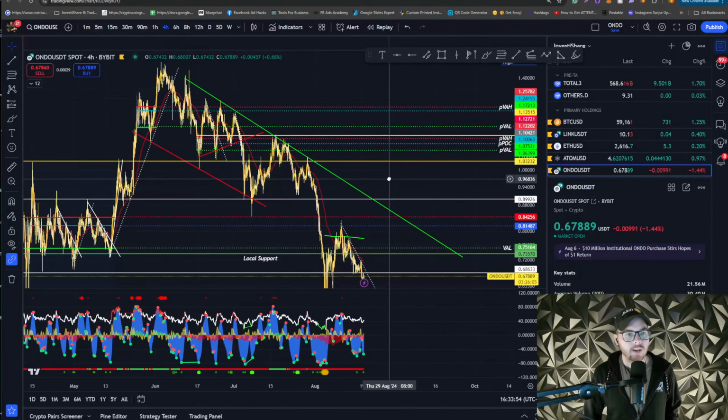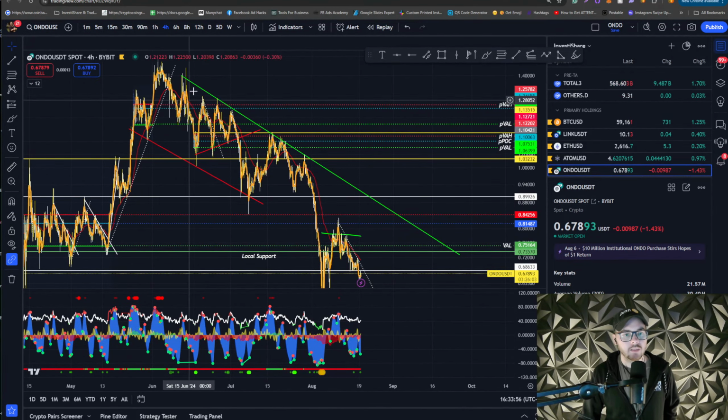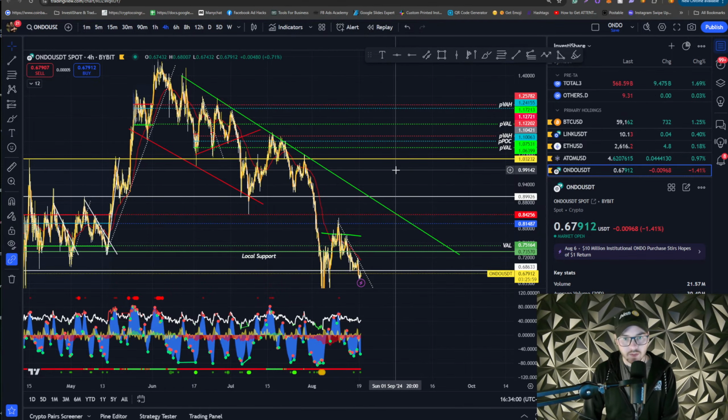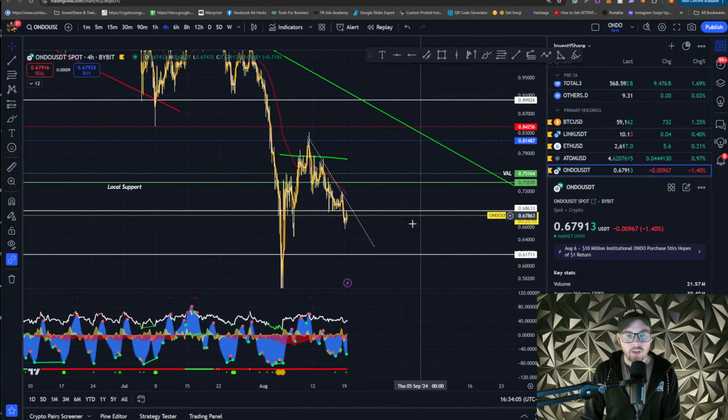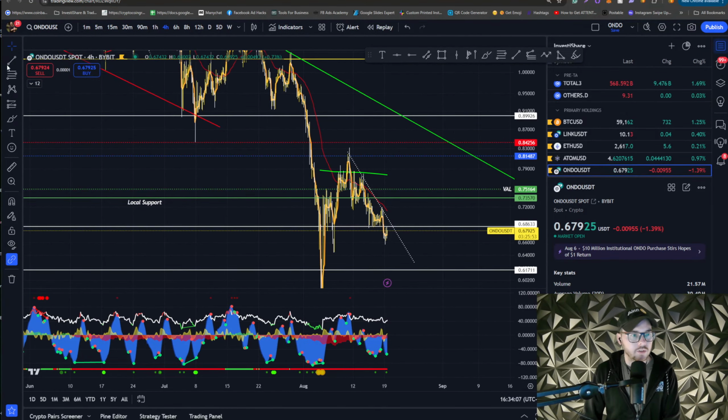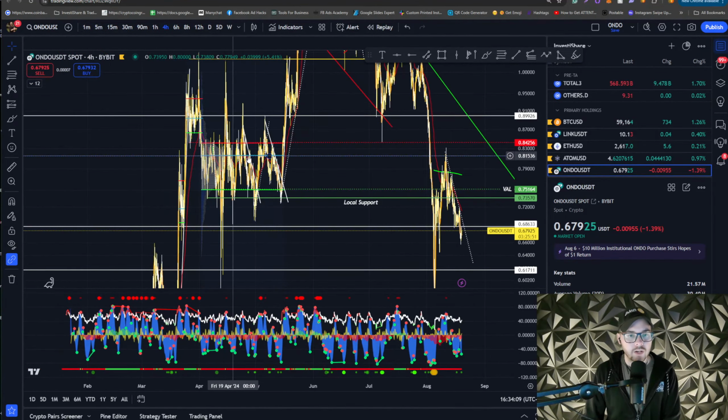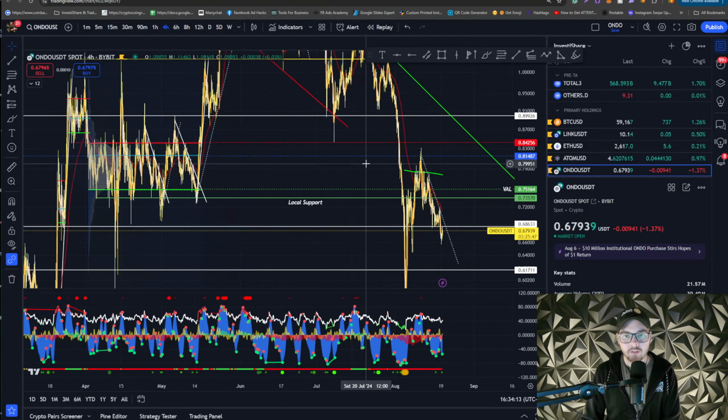So for macro wise, Ondo's got this downtrending resistance you're going to have to watch. We can get rid of some of this noise up there, but we'll leave it there for now. We have a neckline structure here off of the previous POC in this consolidative zone here.